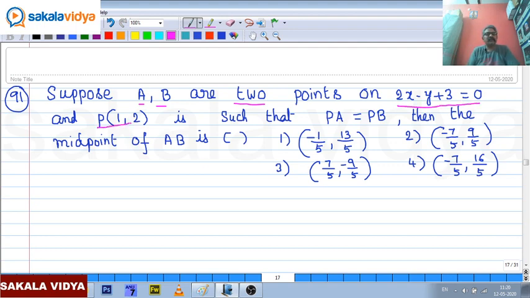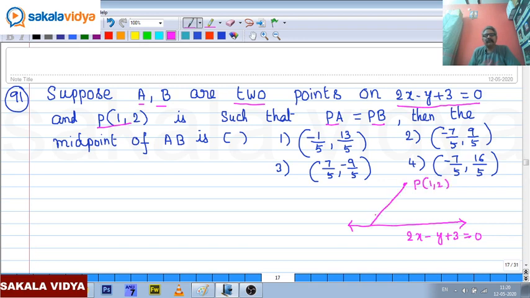P is a point such that PA equals PB. P does not lie on this line. For example, this is the line 2x minus y plus 3 equals 0. P is the point 1 comma 2 here.